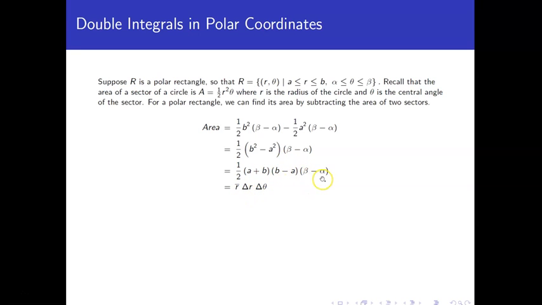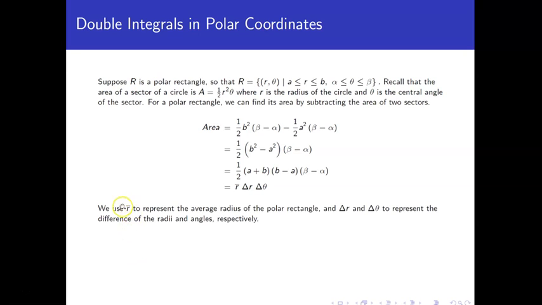Beta minus alpha is the change in theta, so I'll refer to that as delta theta. And you might be able to see that we're going for something like the double integral, where we've got a dx and a dy that came from delta x, delta y. Here we're getting a delta r and delta theta.